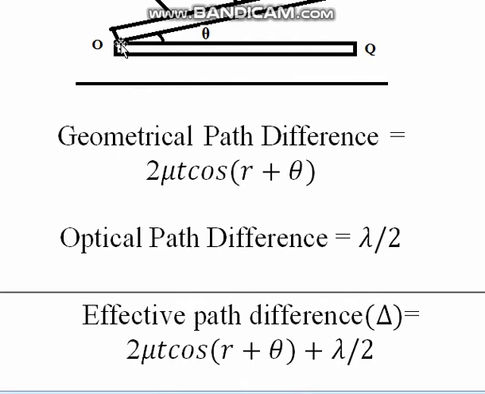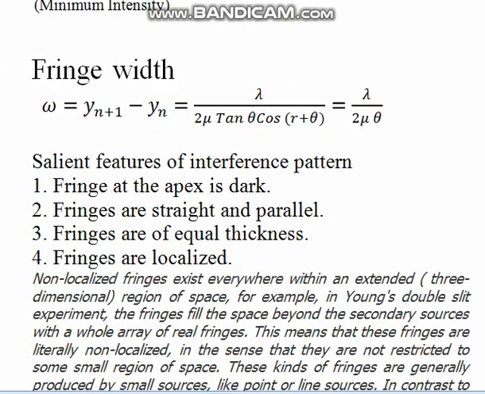So what is the path difference? If you put t equal to 0 here, then the effective path difference at point O will be lambda upon 2, which is an odd multiple of lambda by 2. That's why we obtain the dark band at the point of contact, that means at the apex.